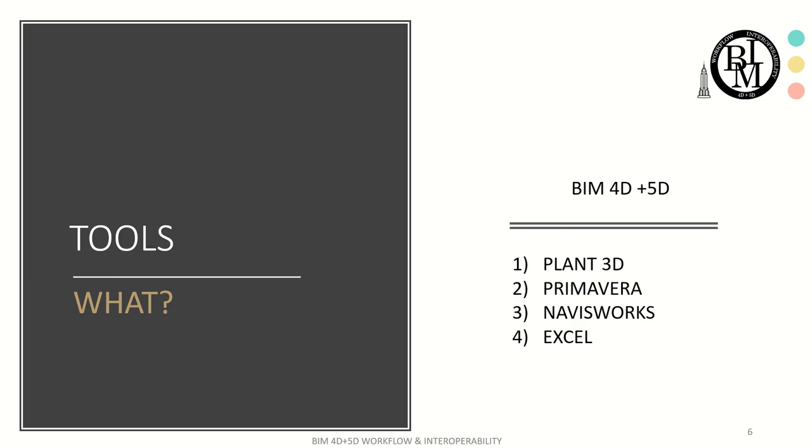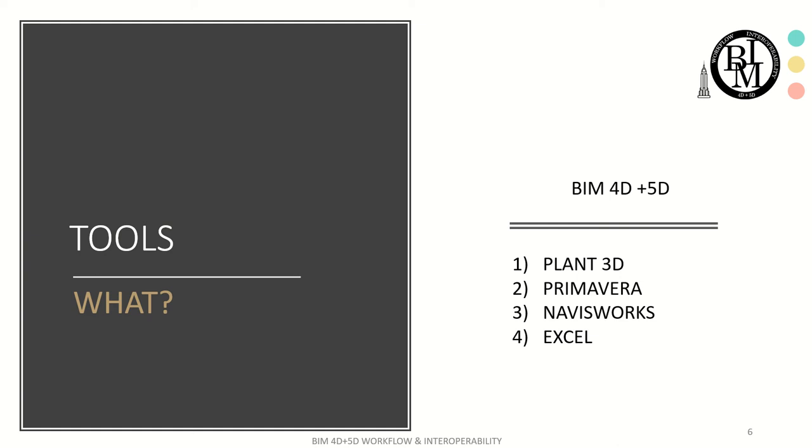So in this demo, I'm going to be using these 4 tools. First, a 3D modeling tool, in this case, Plant 3D. Because the request for this demonstration originally came from the cost manager of this energy sector, construction projects, I decided to use Plant 3D as a 3D model design authoring software.